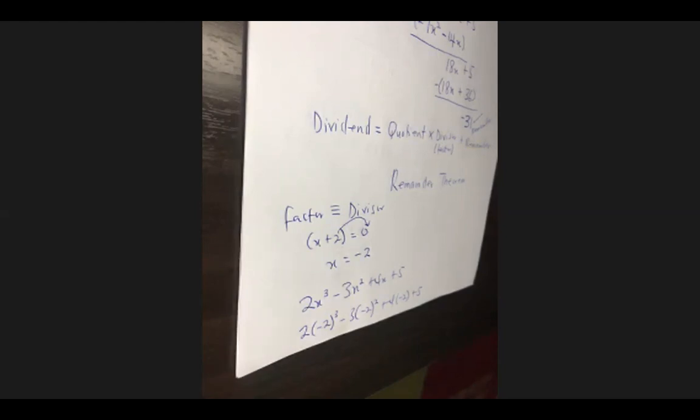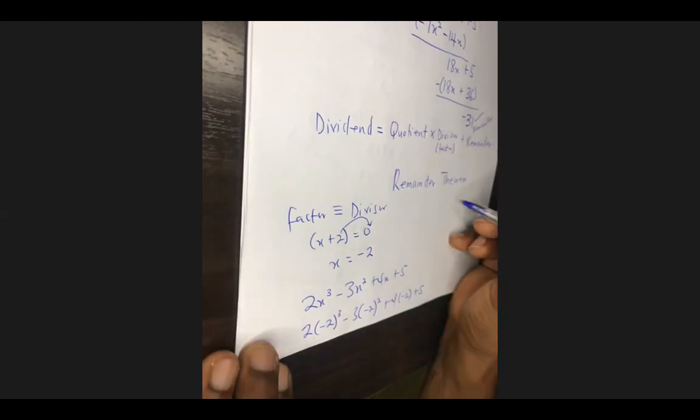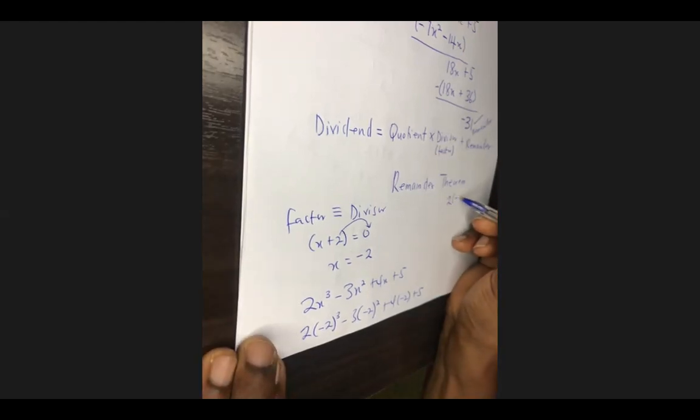But when the number is negative and the power is an odd number, you always have a negative. So I have negative 2 cubed. Now I am going to get negative 8. So I have 2 into bracket negative 8. Good.